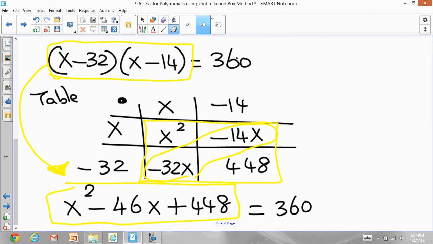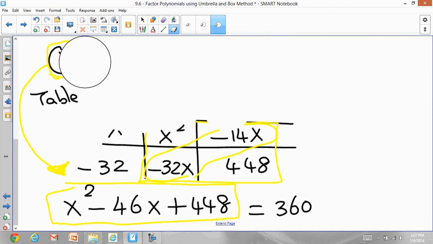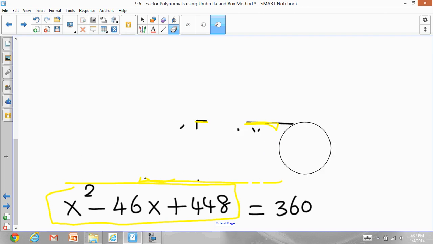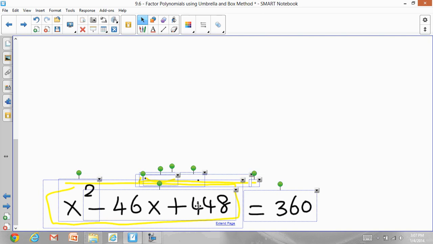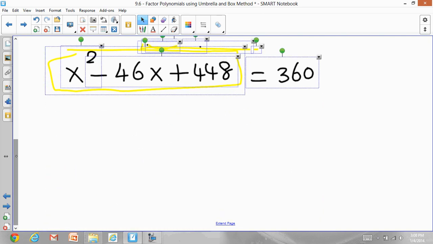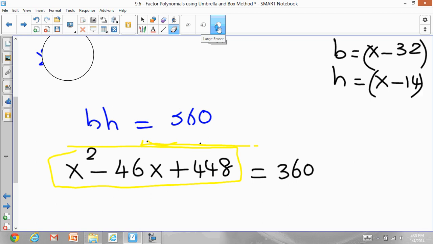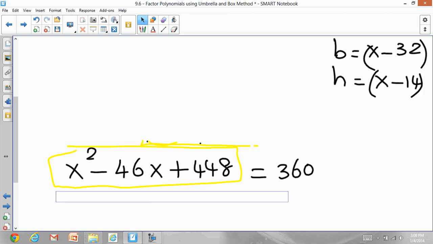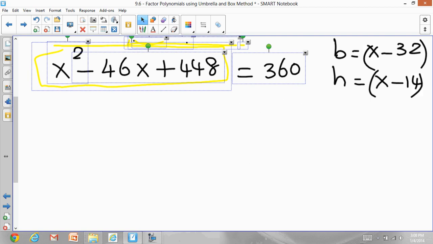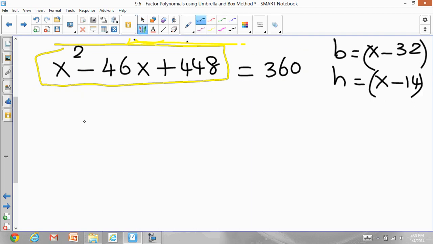So now I'm going to erase everything. So now you got x squared minus 46x plus 448 equals 360.